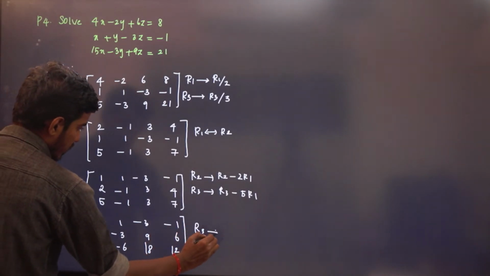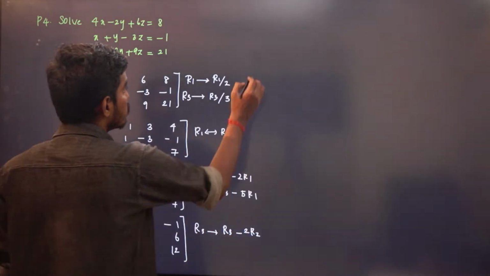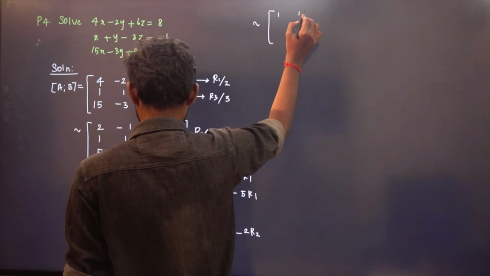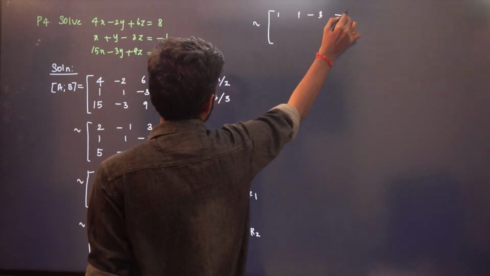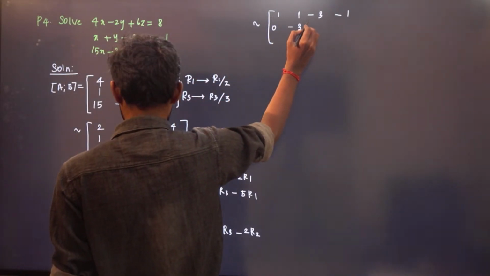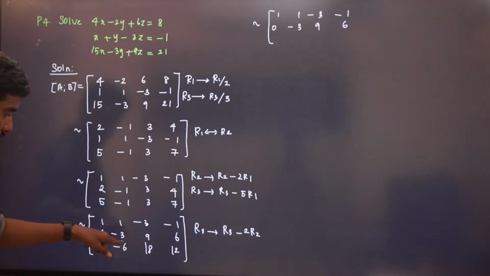Now R3 is transformed to R3 minus 2 times R2. So this is equivalent to 1, 1, minus 3, minus 1; 0, minus 3, 9, 6. So multiply by 2 and then subtract.